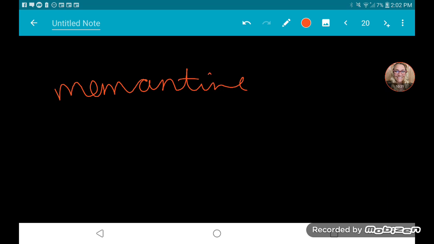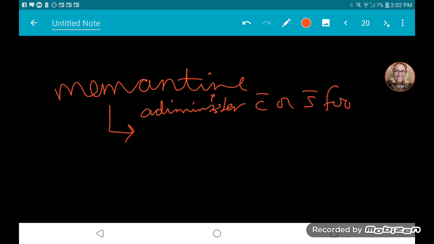Memantine, on the other hand, also can be administered with or without food. And the ER tablets are extended release. They can be swallowed whole.